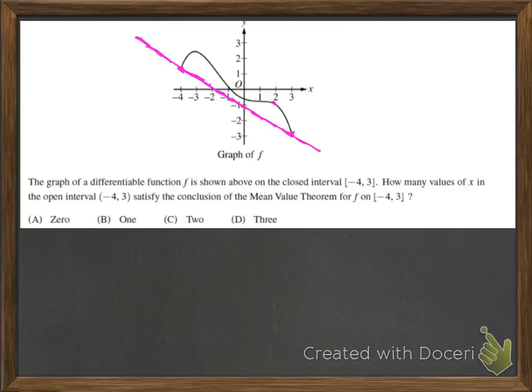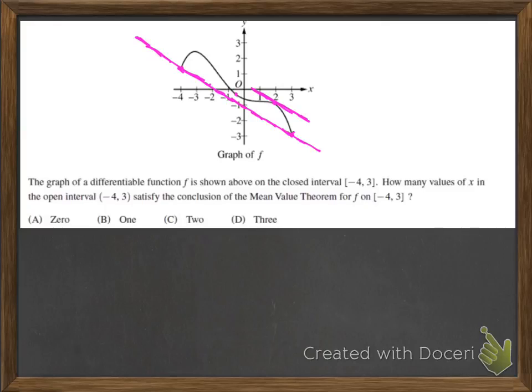So somewhere right here, you are going to have a tangent line that is going to be parallel to this secant line. So you have a tangent parallel to the secant, means the derivative equals the slope of the secant line. All right, so that is your mean value theorem. This does occur somewhere between negative 4 and 3. Now, how many other places does this happen?